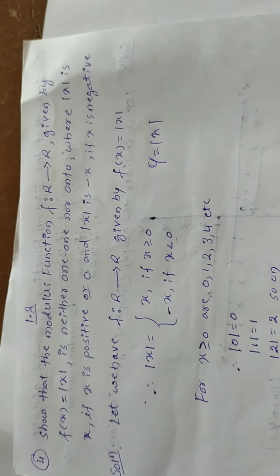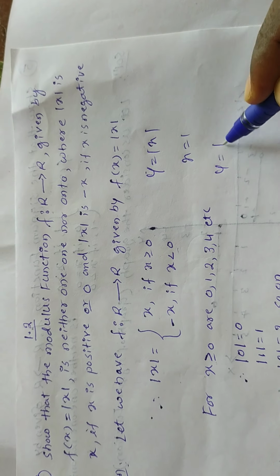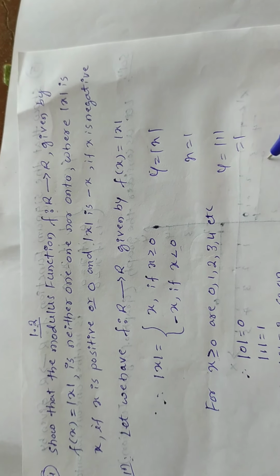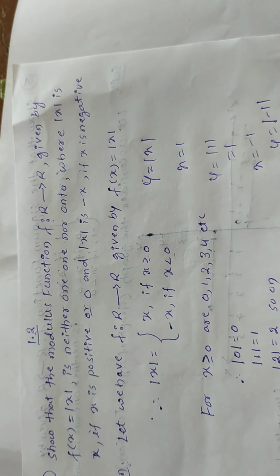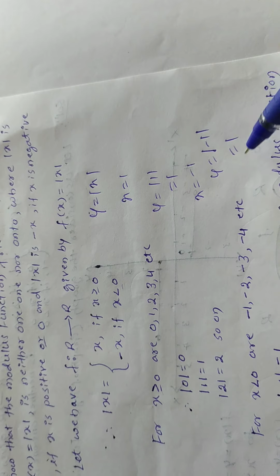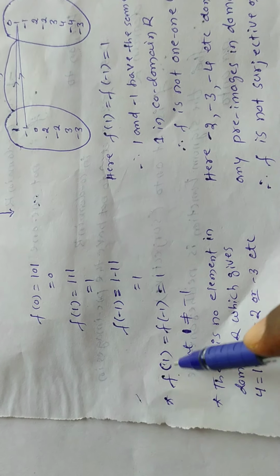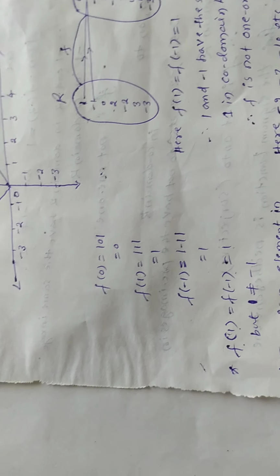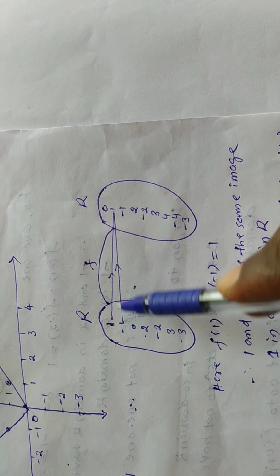When you put x equals 1, you get y equals 1. When you put x equals minus 1, you get y equals again 1, because it is an absolute value. So we can write f of 1 equals f of minus 1 equals 1.